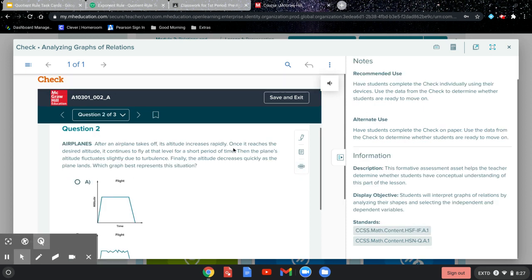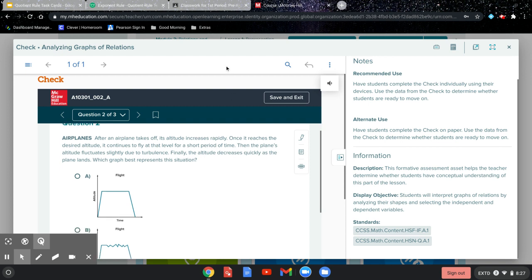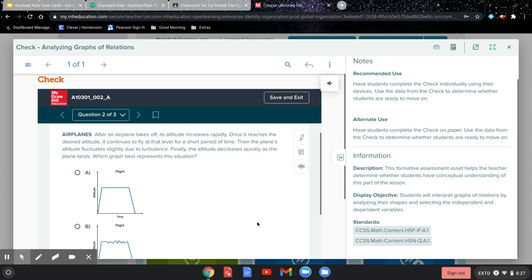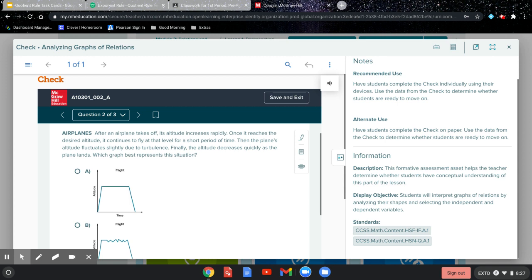We're now on page 138. On the top it says check. We have airplanes. After an airplane takes off, its altitude increases rapidly. Once it reaches the designated altitude, it continues to fly at the same level for a short period of time. Then the plane's altitude fluctuates slightly due to turbulence.